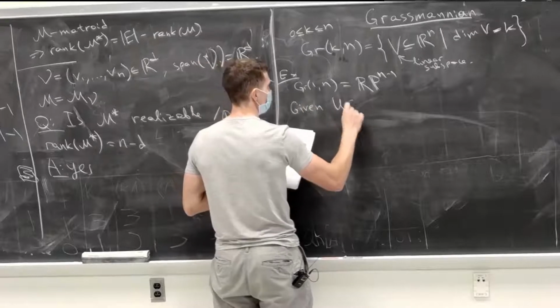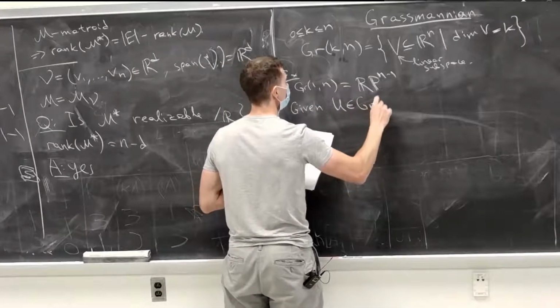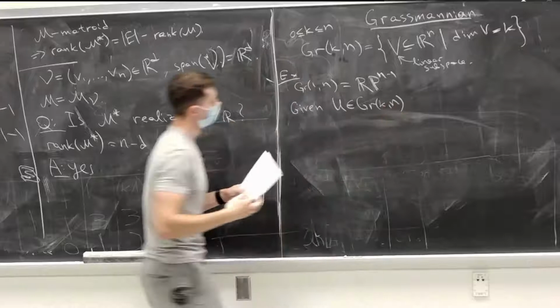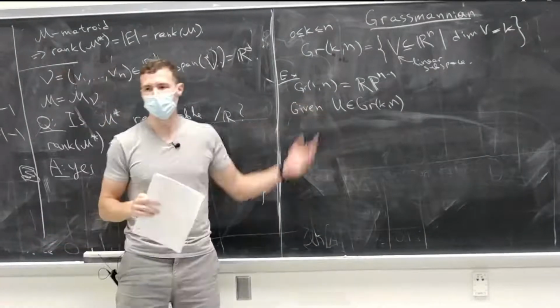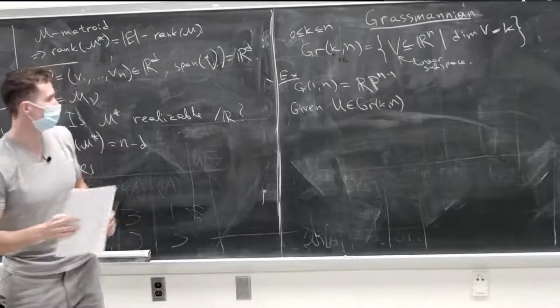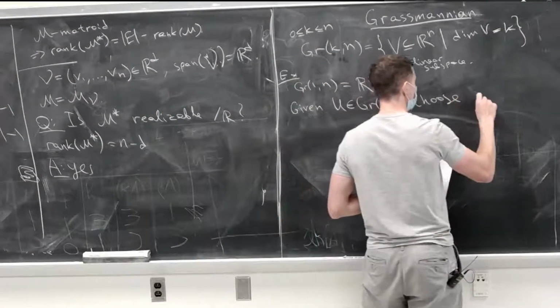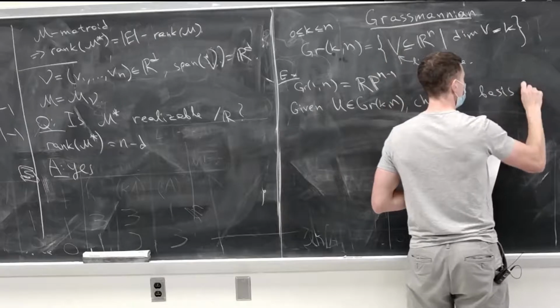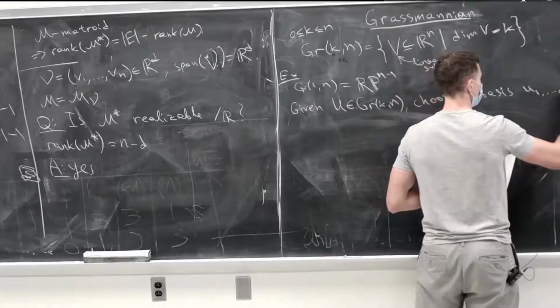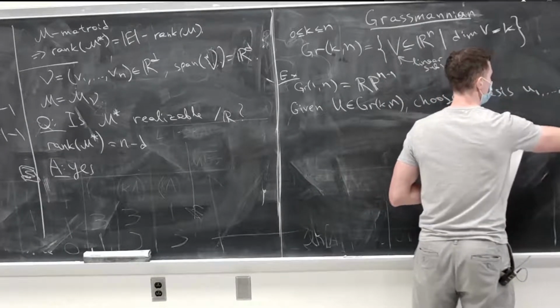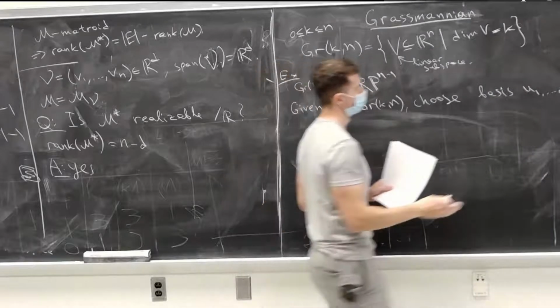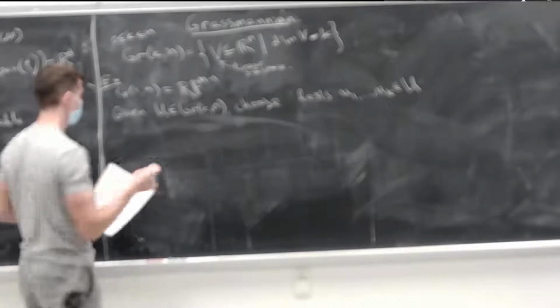Let's say I choose a subspace U. Then I can choose a basis of the space, U1 through UK in U. And I'm going to write them as a matrix.